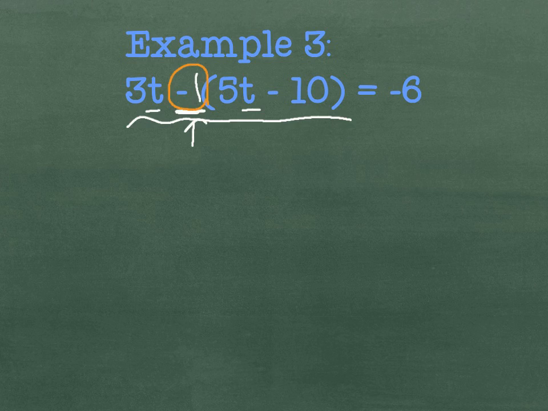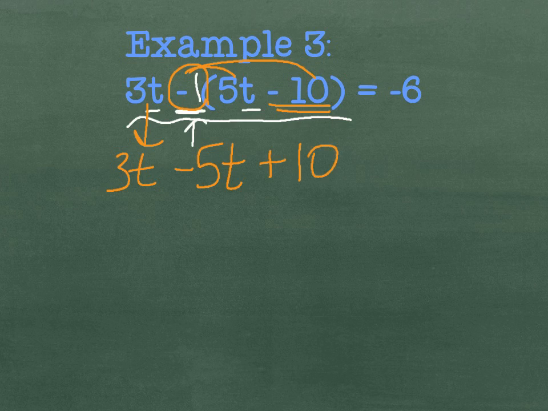So I'm just going to bring this 3t down right away, and then distribute the negative 1 throughout the parentheses. So negative 1 times 5t is negative 5t. Negative 1 times negative 10 is going to be a positive 10. So I've done the distributive property, but I see I'm not quite ready to solve yet.